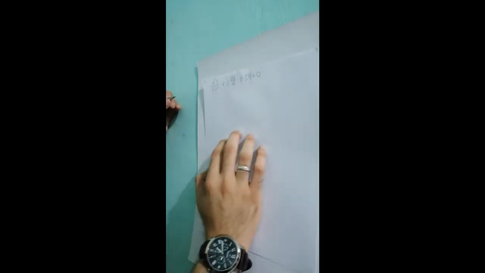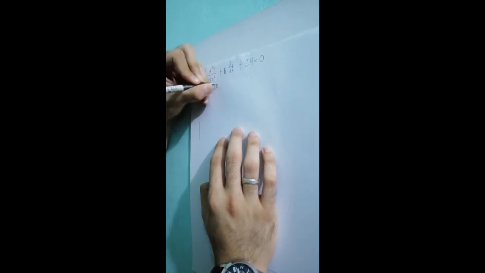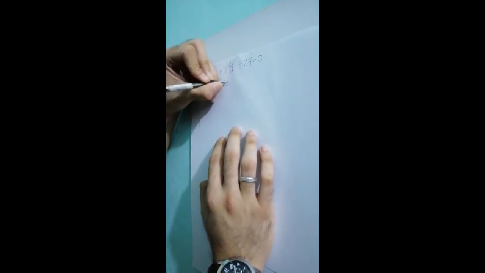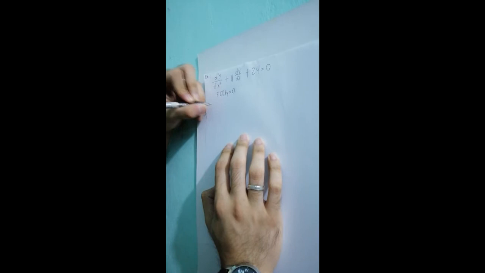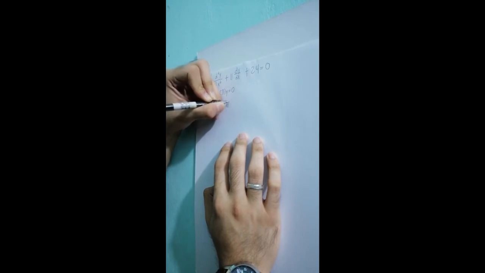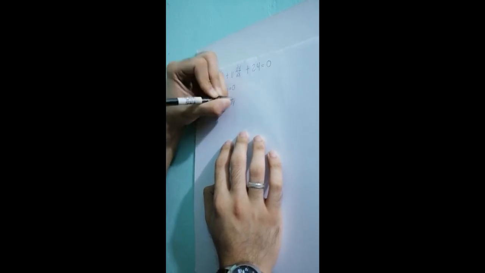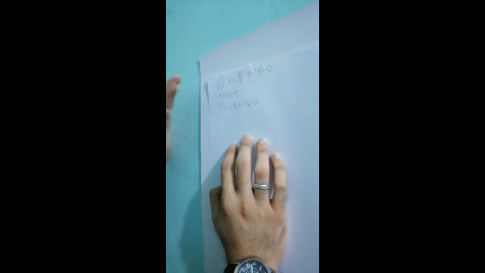So for example 1, we have this problem right here. Now for this problem, first we have to convert it into the differential form, equal to 0. And so this equation will turn into d squared y plus 11 dy plus 24y is equal to 0.